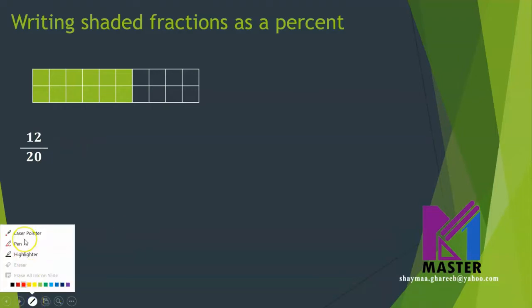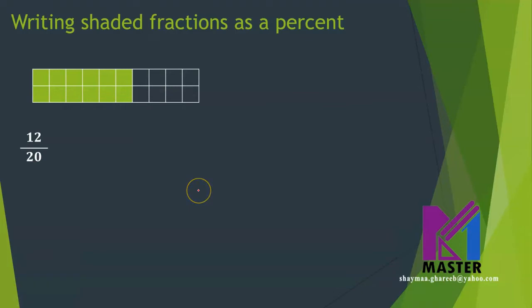And we said in order to change the fraction into a percent, I need the fraction to be over 100. So this 20, I need it to be 100. How to change the 20 to be 100? By multiplying by 5 up and down. This is one of the methods. So 12 times 5 equals 60, so it will be 60 over 100. 20 times 5 equals 100. Then it will be 60%.